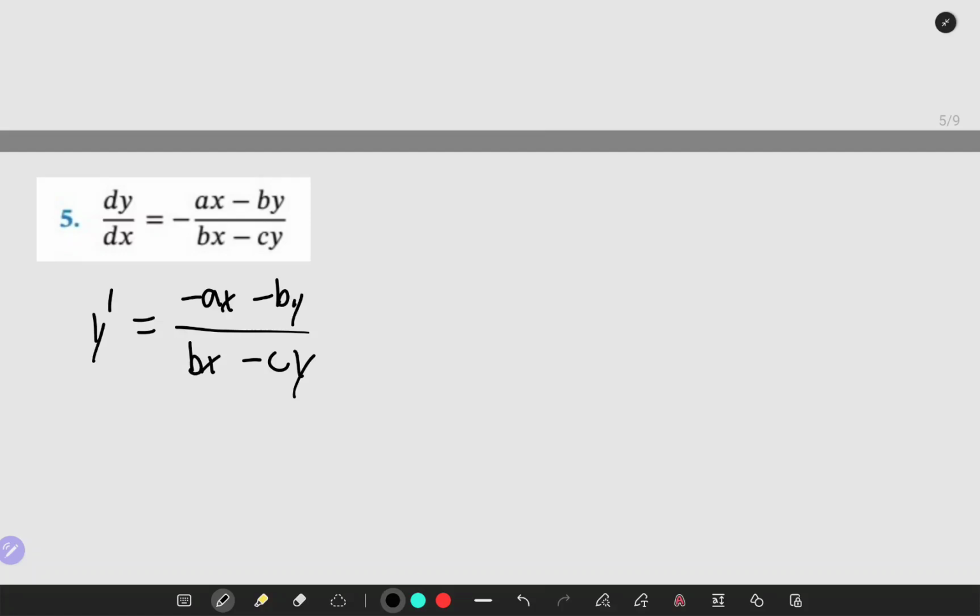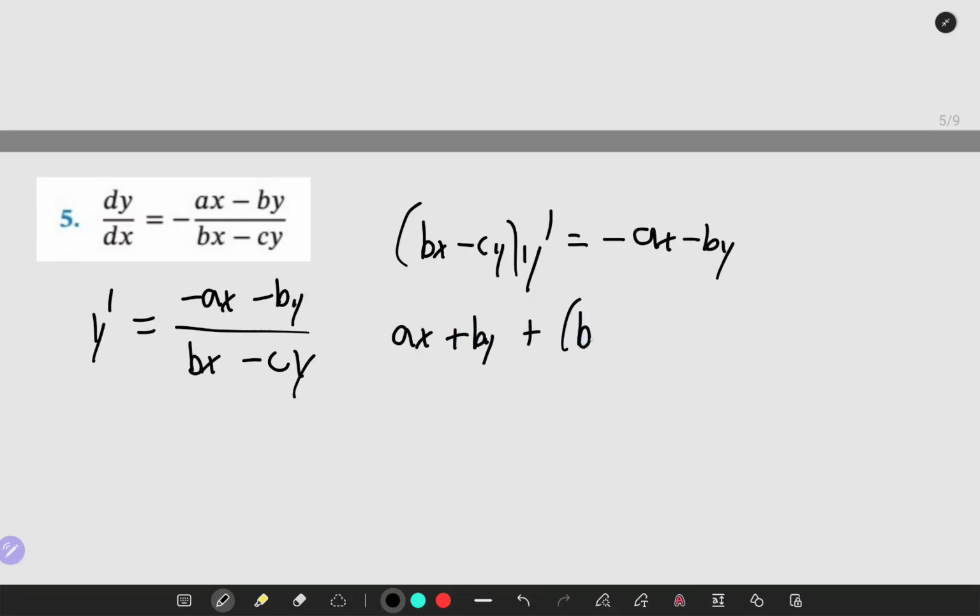So if we rewrite this, this will become minus a. Okay, let me do this first. Bx minus cy times y prime is equal to minus by, right? So now if I move that right side over, we have ax plus by plus bx minus cy times y prime is equal to 0.